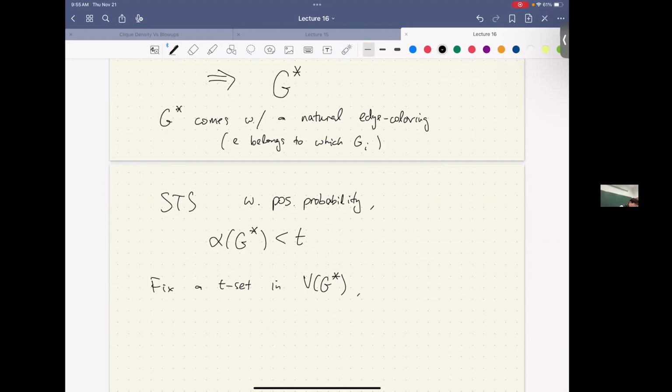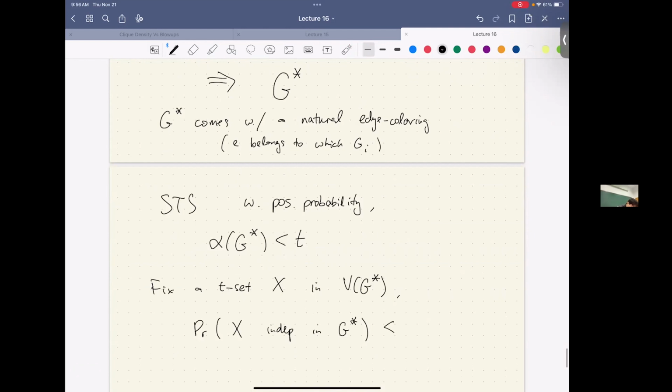Let's call this set X. The probability that X is an independent set in G star is at most, I claim, M over R T choose T.